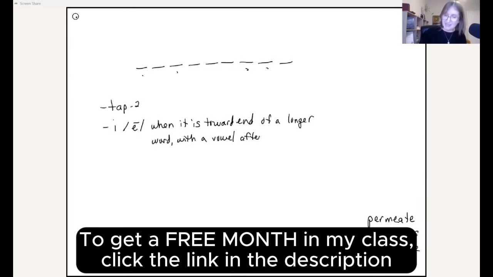So when you hear an E toward the end of a multi-syllable word, and there's a vowel after that E sound, you're probably going to spell that long E sound with an I. And then us at the end is spelled O-U-S. That's a suffix that spells the us sound. Okay, your word is illustrious. Illustrious. Go for it.